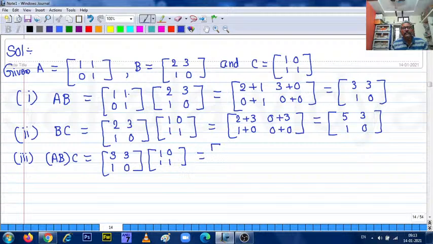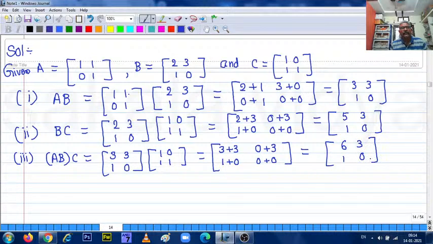Now this equals 3 3 into 1 1, 3 into 0 1, and so on. Now you get 6 3 1 0. This is AB into C.